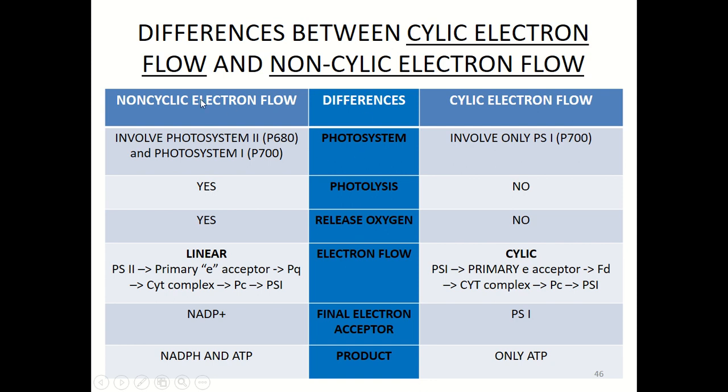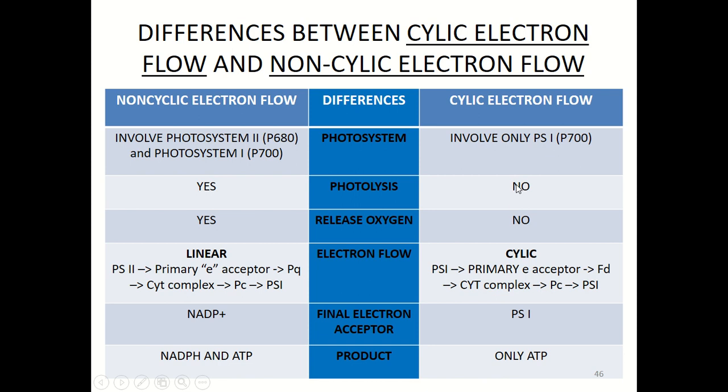Okay, and then next, what is the difference between cyclic and non-cyclic? First, for non-cyclic or linear, the photosystems involved are 1 and 2. Cyclic, only 1. Does photolysis occur? Photolysis is the breakdown of water. Non-cyclic, yes. Cyclic, no. Non-cyclic or linear releases oxygen. Cyclic, no. Non-cyclic electron flow is linear, from photosystem 2, primary electron acceptor, plastoquinone, cytochrome complex, plastocyanin, and photosystem 1.